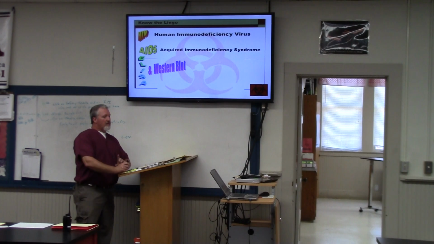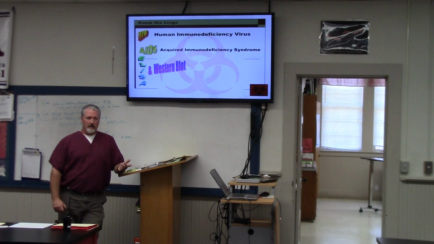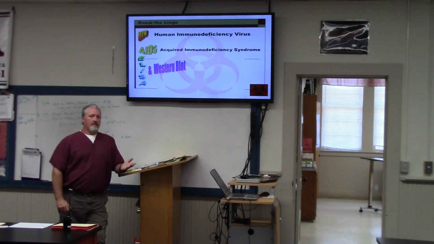So a lot of babies, and this is a little bit of a sideline, showed positive for HIV because of the mother, but in some cases, the baby didn't have it. Why? Because of breastfeeding and the exchange of these proteins, the baby had the protein that the test would pick up, but after a couple of months, it would go away because they no longer were breastfeeding or inside of the mother. Okay?